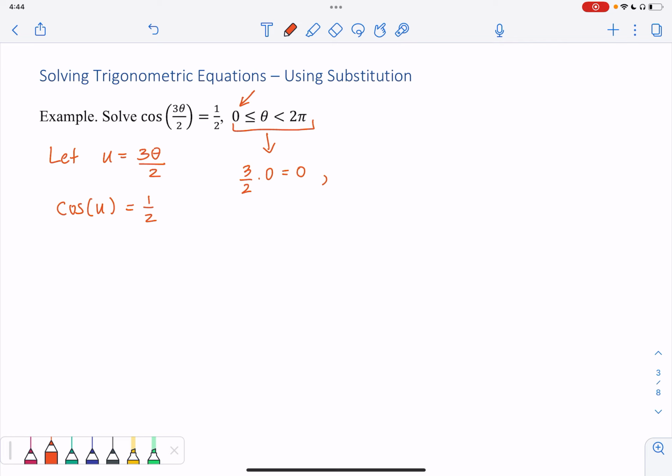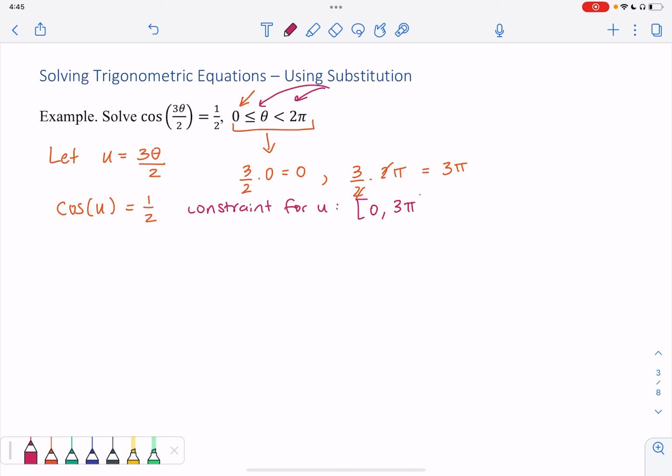And if I plugged in 2 pi, 3 over 2 times 2 pi is 3 pi. And so now I want to solve cosine of u equal 1/2, and the interval for u is going to be 0 to 3 pi. Sometimes you'll see it with inequalities, or in interval notation, 0 to 3 pi.